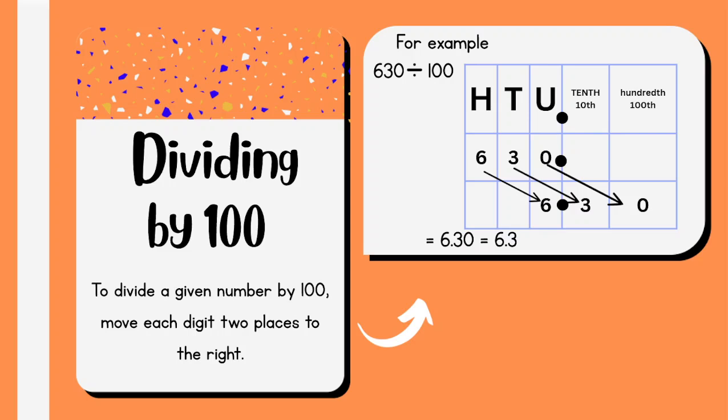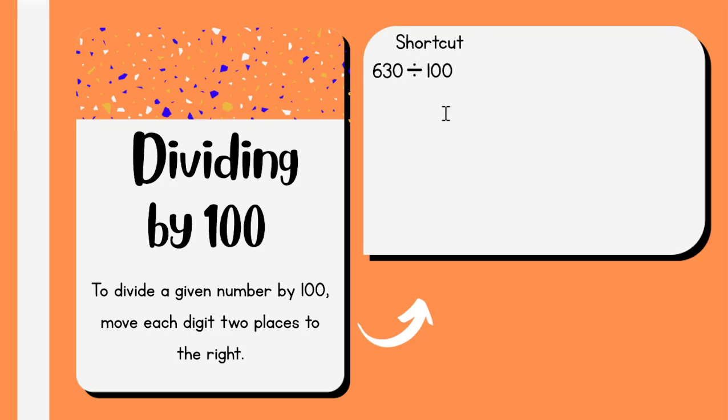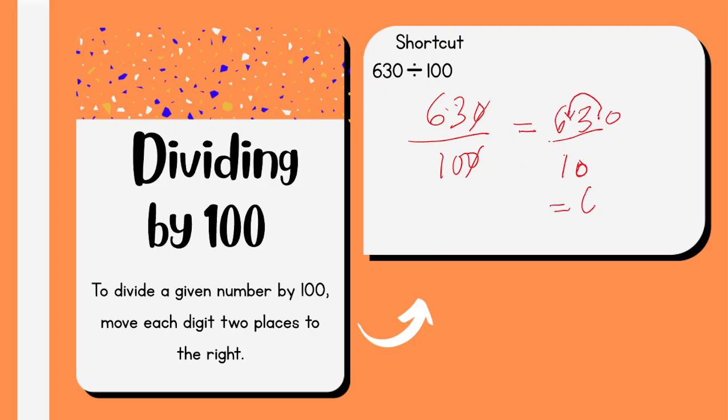Now we can use the shortcut again. 630 divided by 100: the first thing you do is cut out the zeros. Then it remains 63 over 10. Because we have one 0, we move the decimal point one place backward. It should then come here and become 6.3. I hope this shortcut is clear to you.